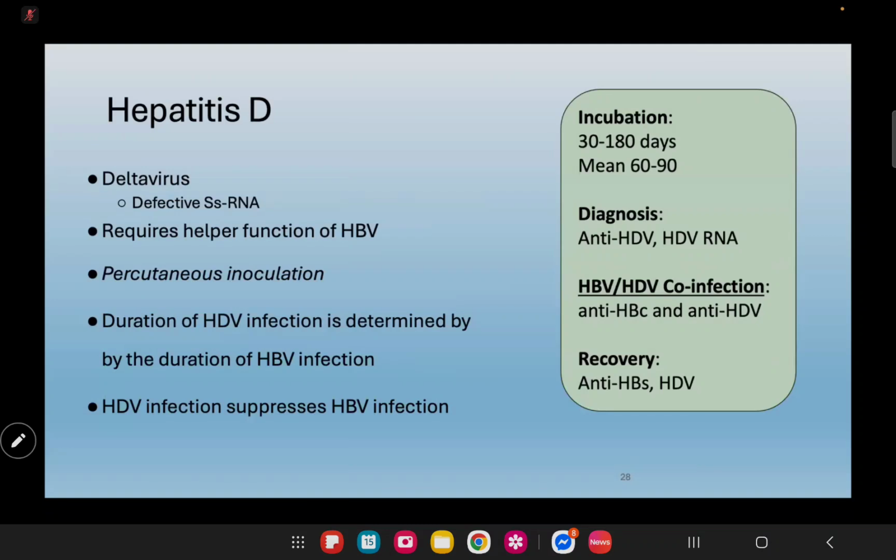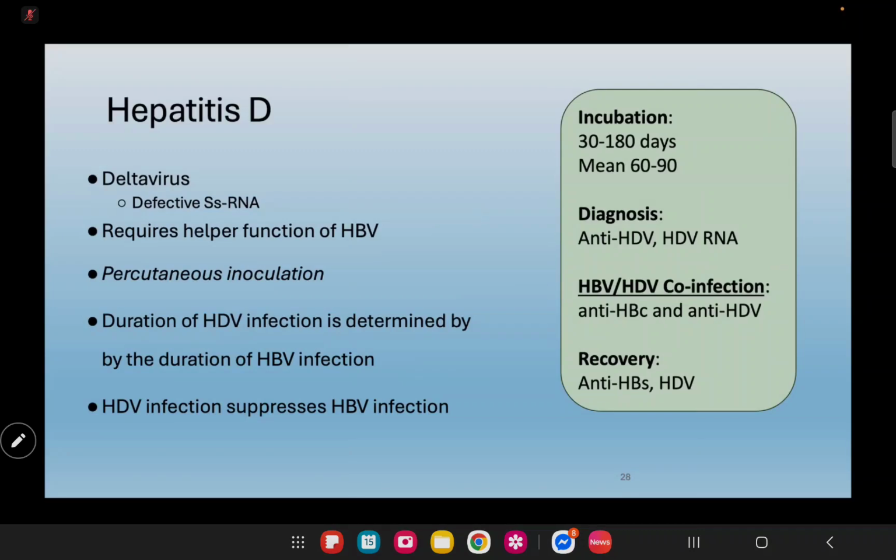So HDV is a defective single-stranded RNA virus. Okay, so don't be confused. There's only one DNA virus, hepatitis B. Hepatitis D coexists with hepatitis B, but this one is a single-stranded RNA, not DNA, a defective one. And it requires the helper function of hepatitis B virus to replicate. Transmission is still the same as Hep B, percutaneous through blood exposure or sexual contact.